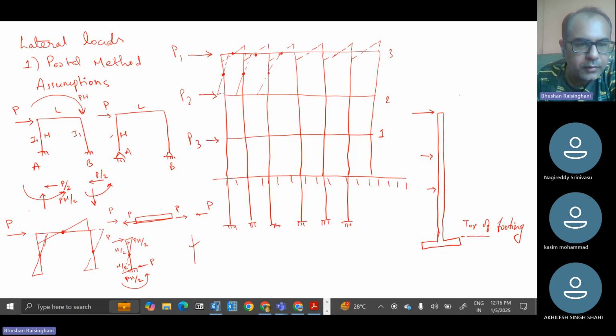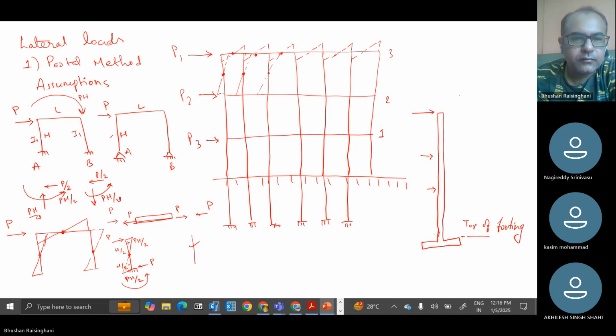So your answer would be P into H by 4. Again the reaction is P here, and once we see this particular element, it will be something like this. So all P will be like P into H by 2 here, and P into H by 4 is the bending moment.